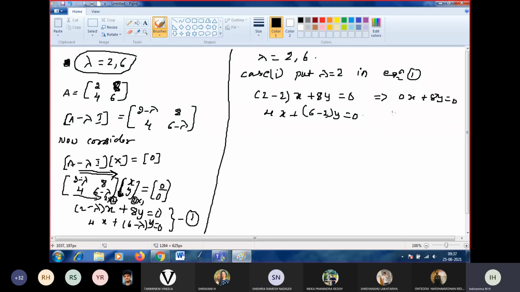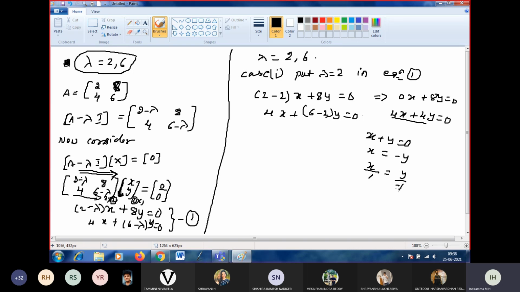Or here 4x plus 4y is equal to 0. So now I am taking the second equation. Take 4 common, x plus y is equal to 0. It is very easy to find the xy values. So x is equal to minus y. You can write this as x by 1 is equal to y by minus 1.